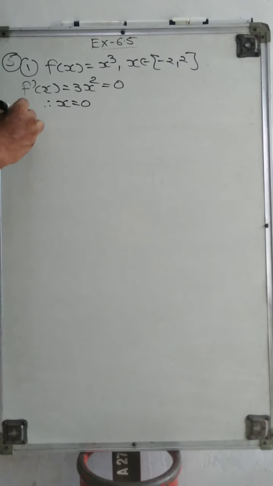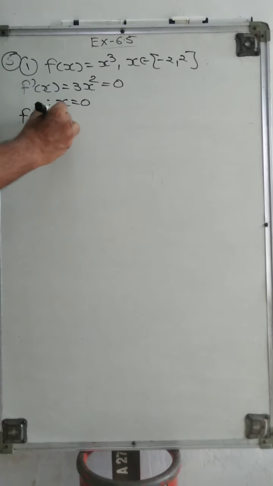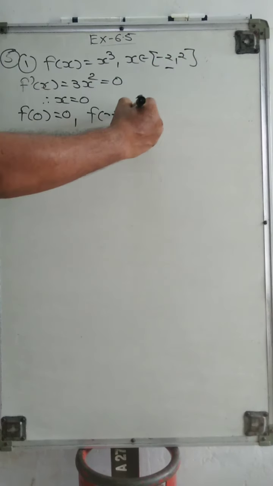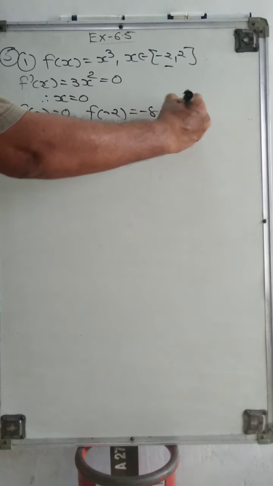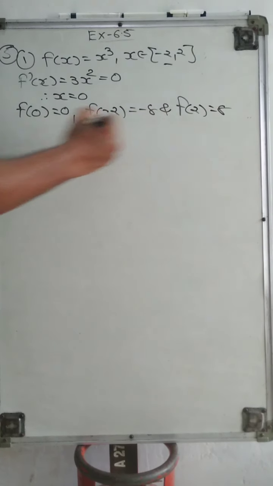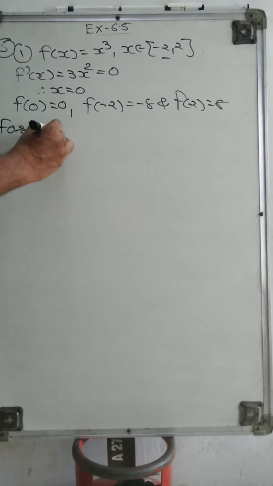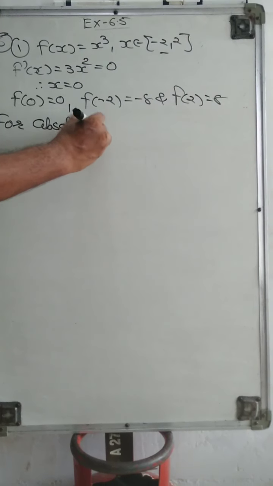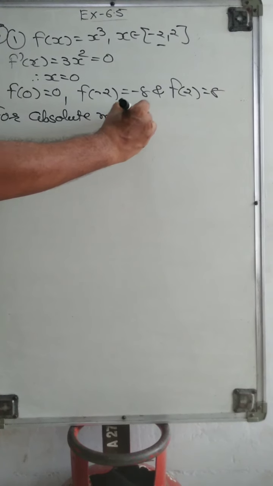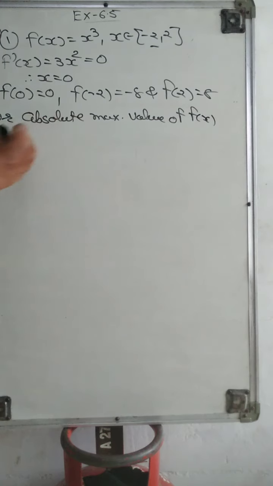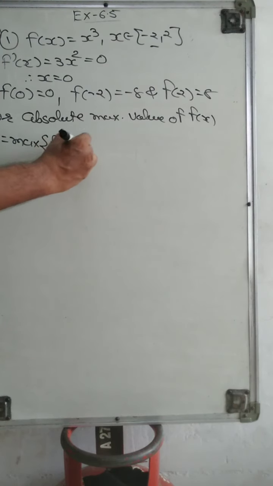Now we have three values. First is f(0), which is 0. Second is f(-2), right, here this is -8, and f(2) is equal to 8. So for global or absolute maximum value, f(x) is equal to the maximum value of f(0), f(-2) and f(2).